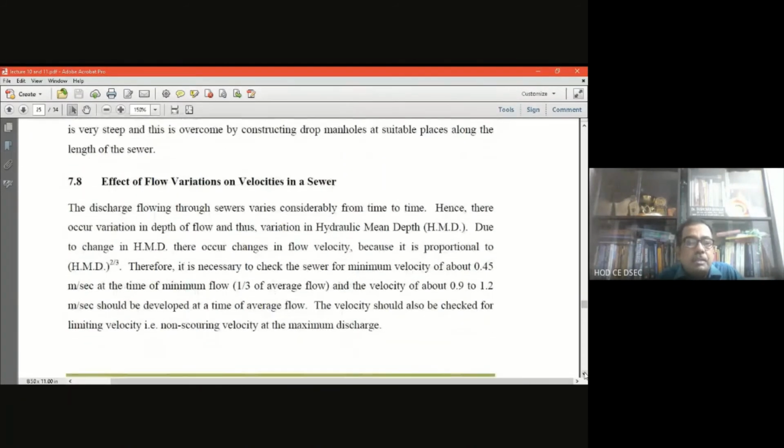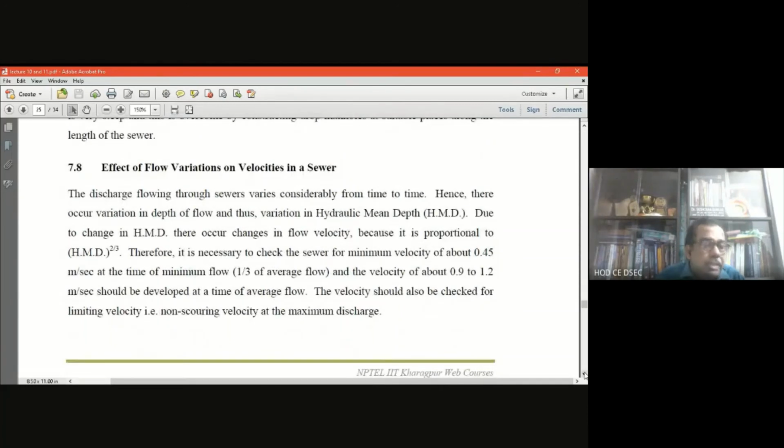I will discuss in this lecture today the effect of flow variations on velocity in a sewer. How do flow variations affect the velocity in sewers? Because we have seen in our previous lectures the flow fluctuates, season to season, climate to climate.